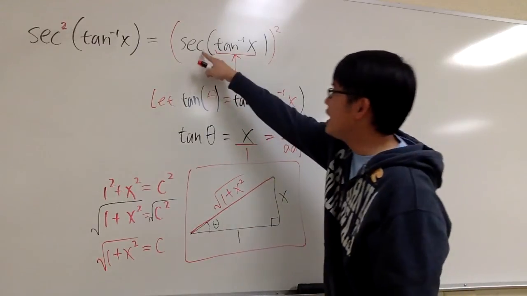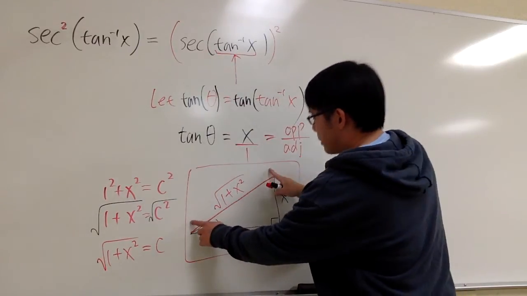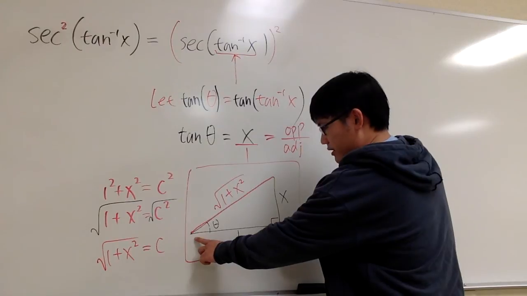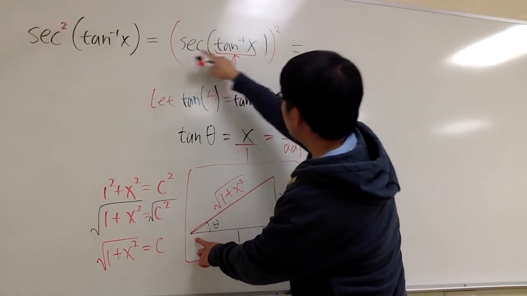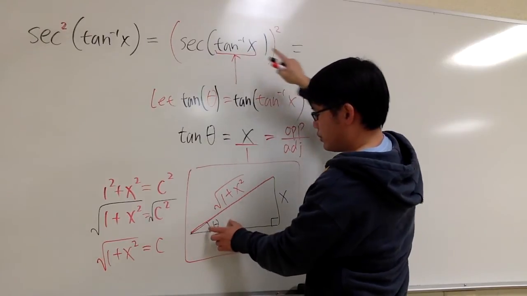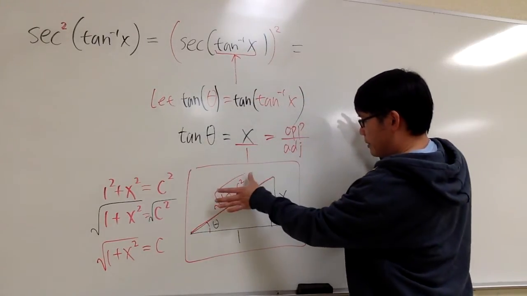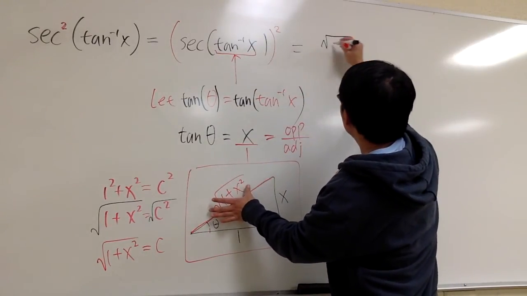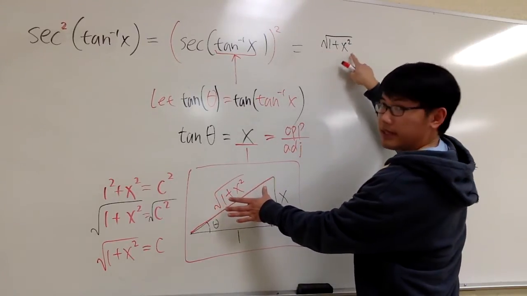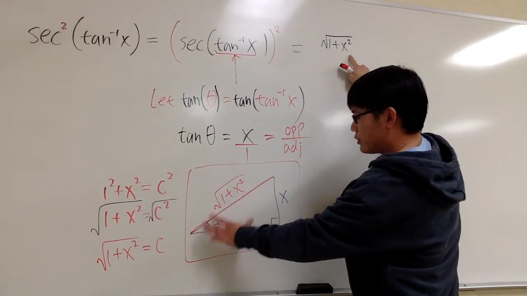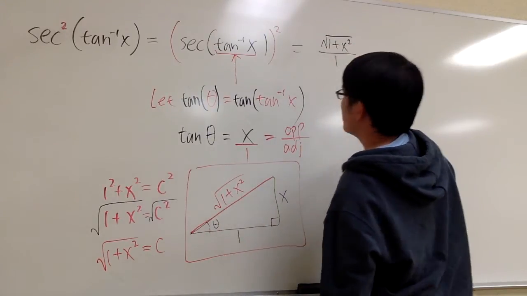The definition of secant is the hypotenuse over adjacent. So let me write that down. Secant of inverse tangent x is the hypotenuse, which is the square root of 1 plus x squared, over the adjacent, which is 1.